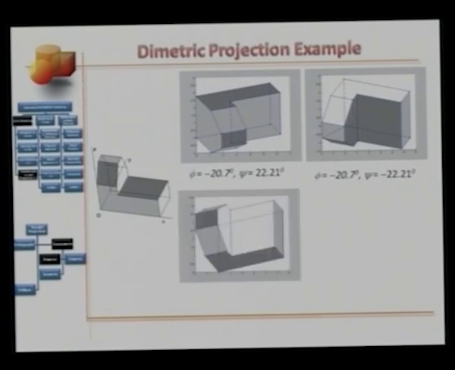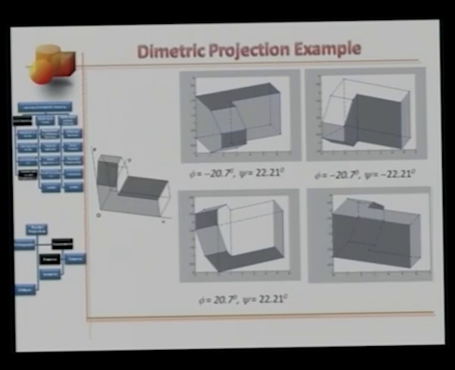The third one for phi equals 20.7 and psi equals 22.21, and the fourth one, phi as 20.7 and psi as minus 22.21. Now these angles are for a specific value of sh sub x.